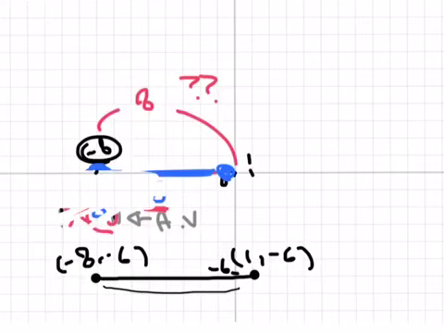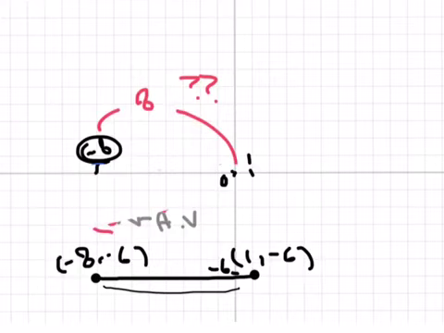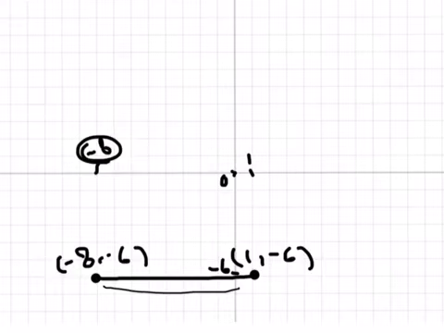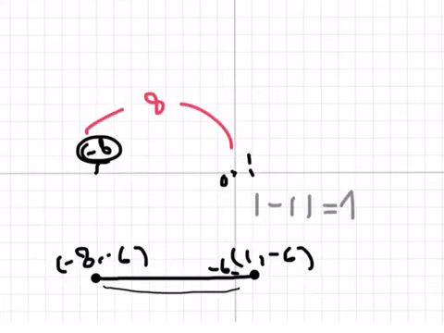So we found out that the distance from here to here, the origin, was 8, yeah? So this is 8, and you all know this. It's the same thing. It's the absolute value of -1, but then this is 1.